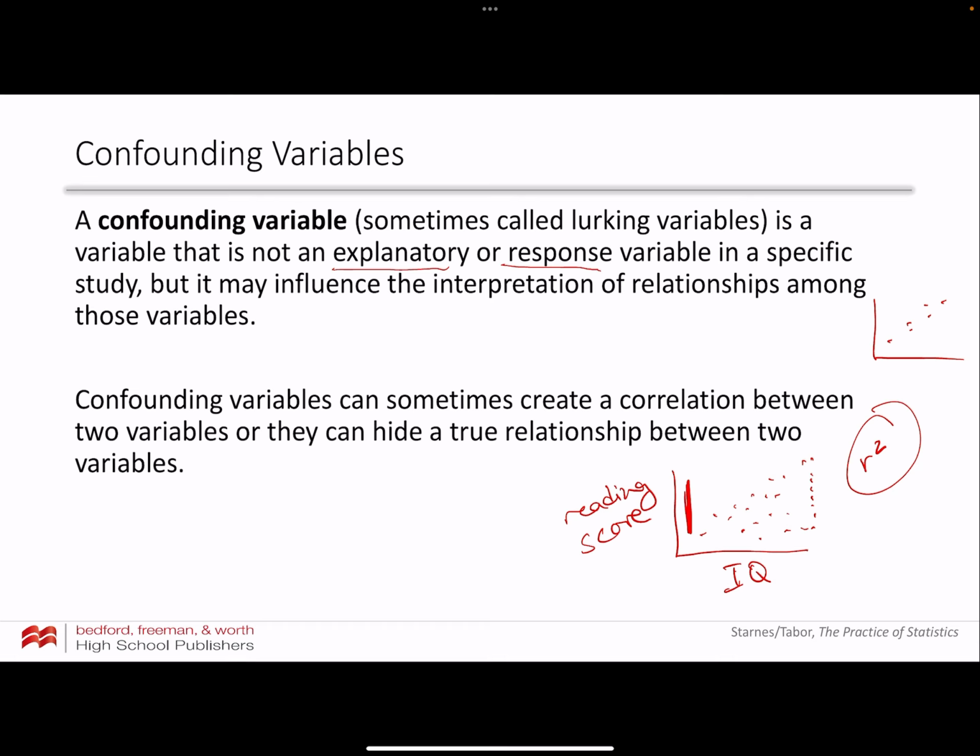Those other confounding variables are the leftover percent. So if my R squared is 90%, let's just say, I would say 90% of the variability in reading scores is due to the linear relationship between IQ and reading score. Well, what about the other 10%? That would be the socioeconomic status, the schooling, parents' schooling, all that other stuff.